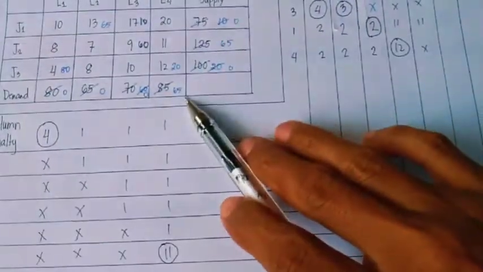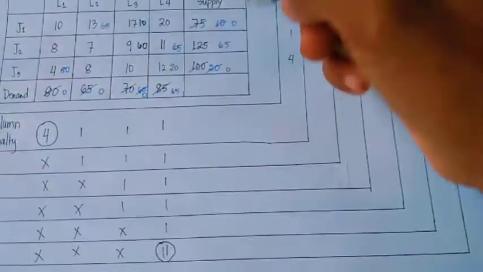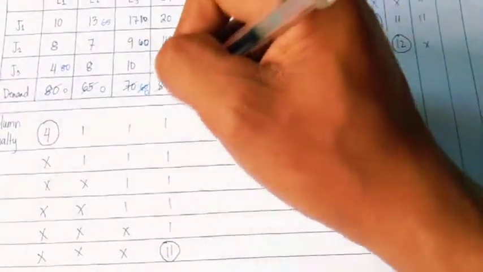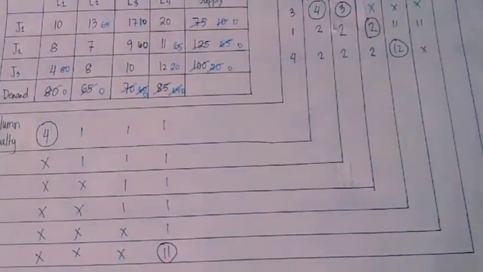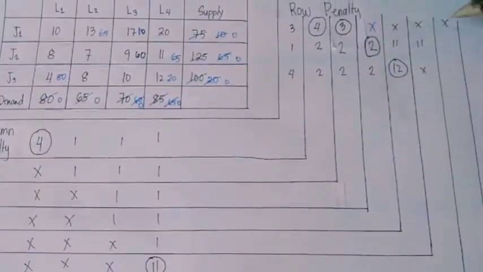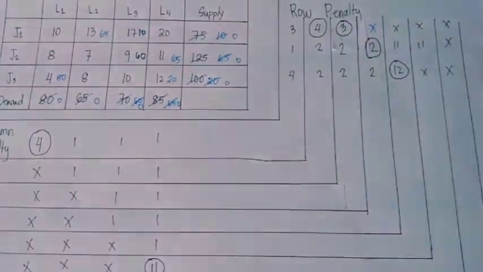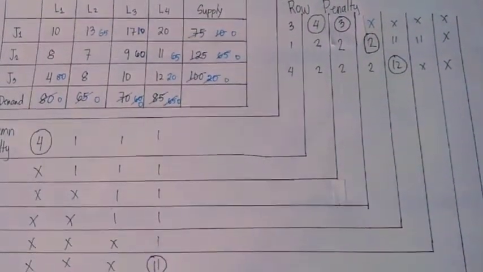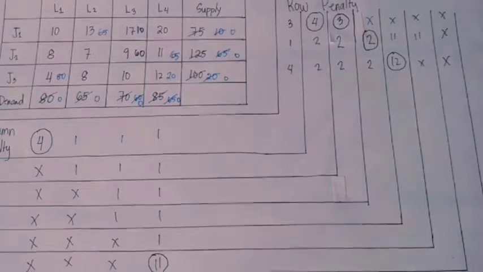Our supply and demand are 65, so we are going to put 65 here to satisfy our supply and our demand. Done. We get all the row and column penalty.